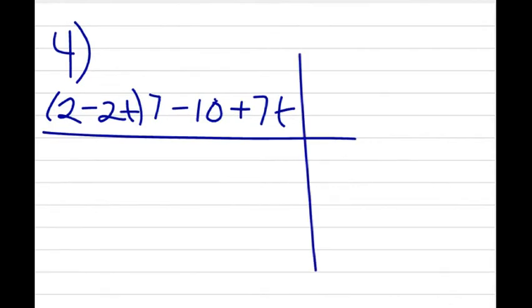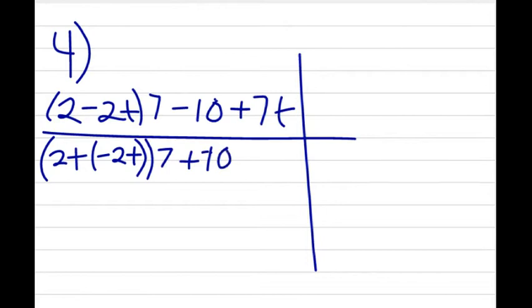So the first thing we want to look at is everywhere we have subtraction, let's change that to addition. So this becomes 2 plus negative 2t times 7 plus negative 10 plus 7t. And that's the additive inverse.